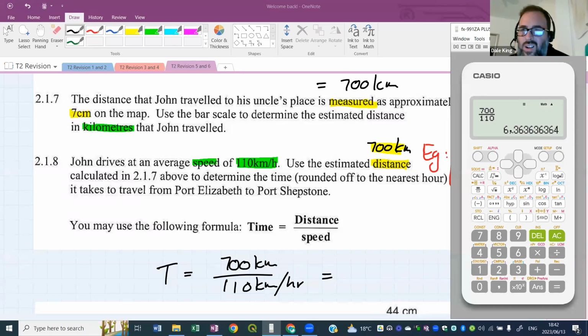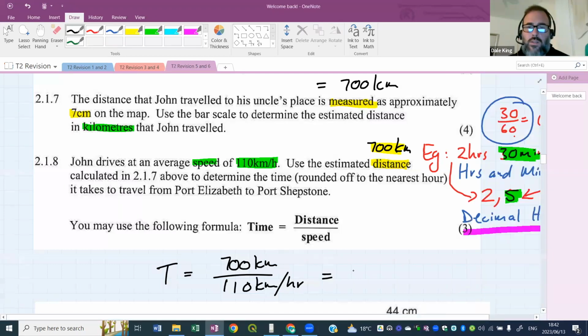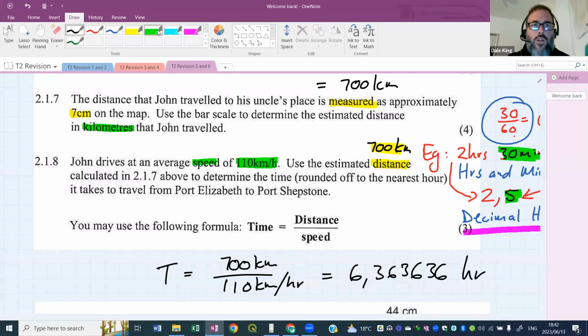Whoa, a long decimal. 6.36363636, blah, blah, blah. Time, this is in hours. Why do I say this is in hours and not minutes? Because I put in hours here, you're going to get hours out there.